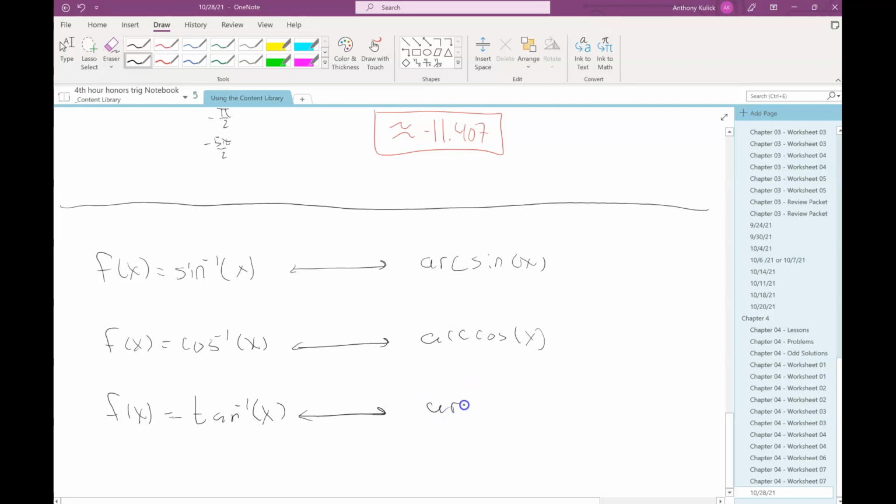So if you see arc in front of something, it's just basically the inverse. Does that feel okay? So that's just a little bit of notation.